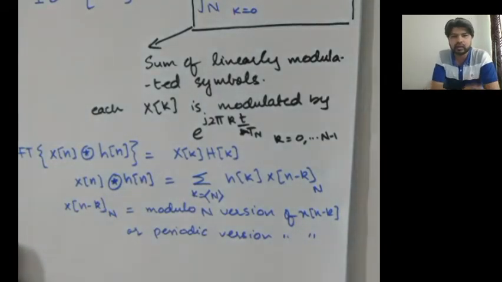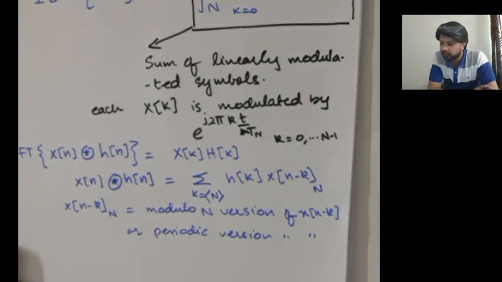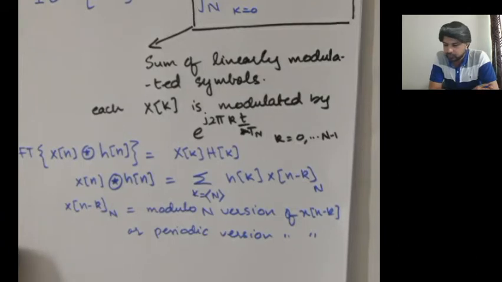That means each of these N samples would repeat one after another after N samples. So it would be a periodic discrete time signal with a period of capital N. So that is the problem, right?